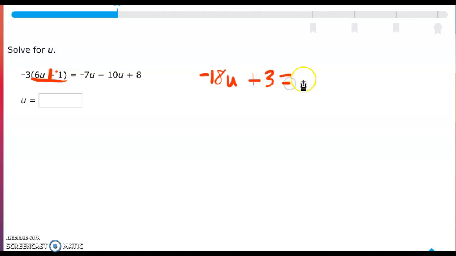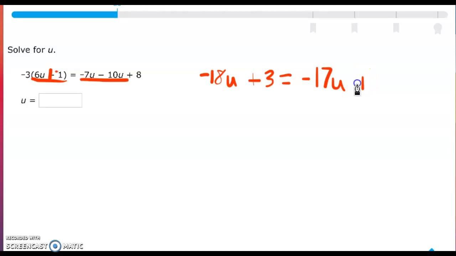It just is. Then on the other side, while rewriting it, you might as well combine like terms. So the like terms have the same variable part. So you're going to combine -7u and -10u to get -17u plus 8.